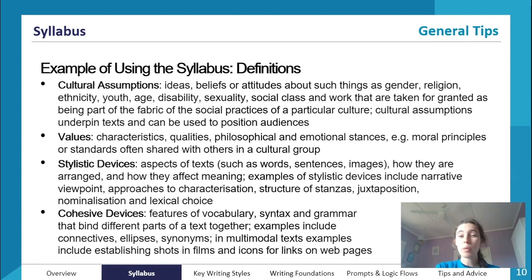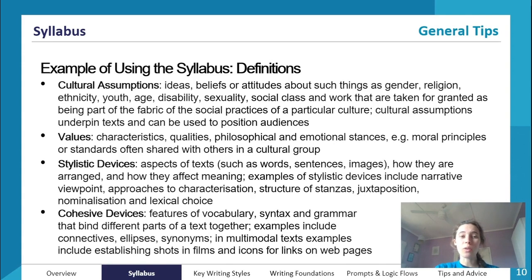So another example is To Kill a Mockingbird, which was based in 1930s Southern America. And if you looked at ethnicity for that one, you could see that they had a lot of different beliefs and values in terms of race back then. They didn't see different races as being equal like many of us do today, unfortunately.